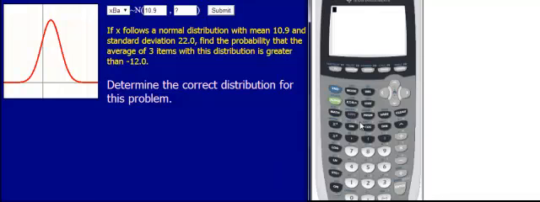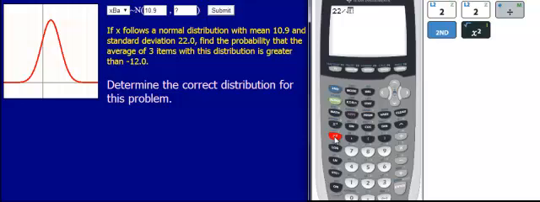And I just type in the standard deviation, which is 22.0, or 22, divided by the square root of the sample size, which was 3. I hit enter, and I get about 12.7.